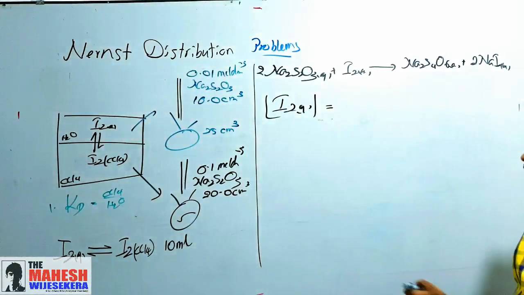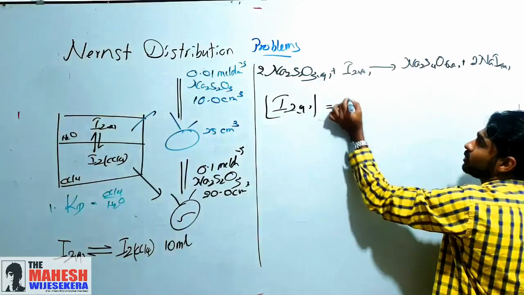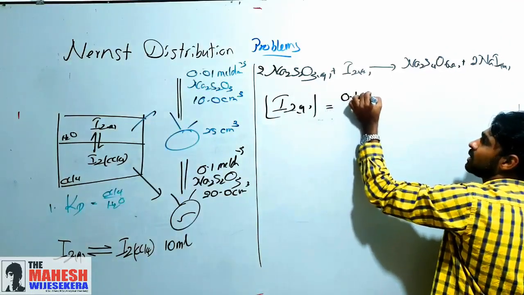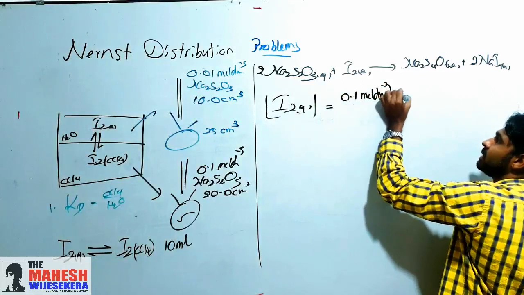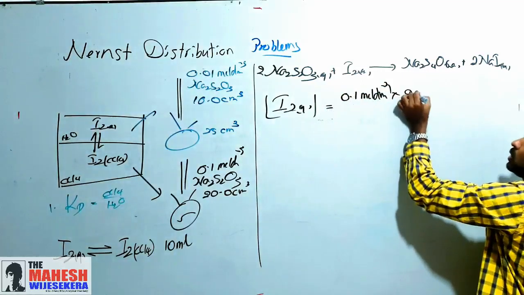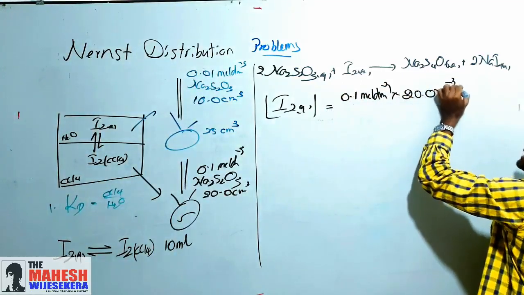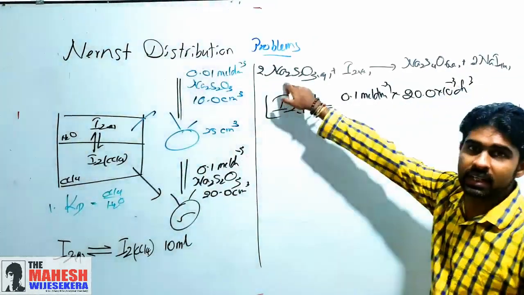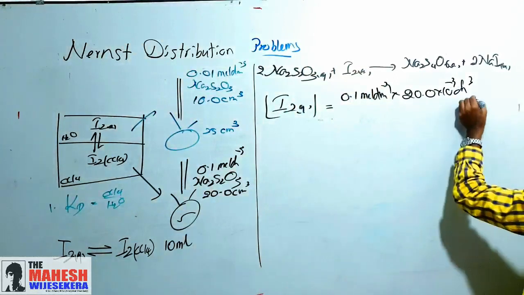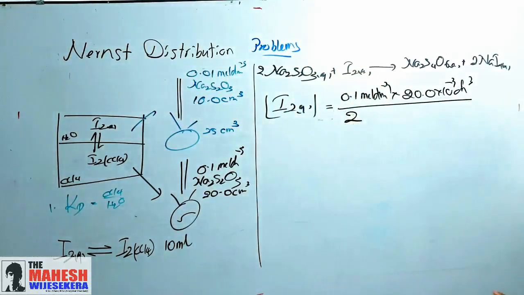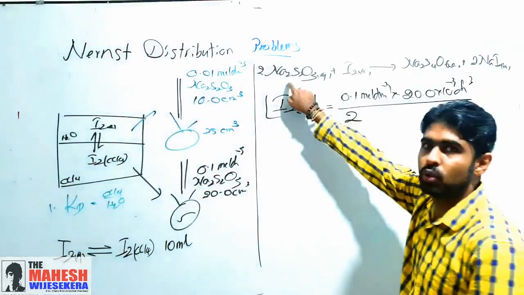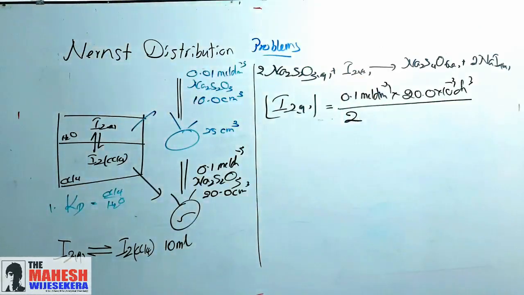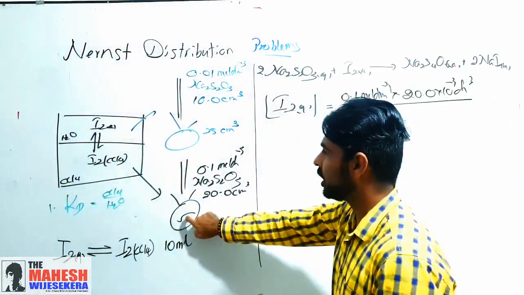Sodium thiosulfate is 0.1 moles per cubic decimeter times 20 into 10 to the power minus 3 cubic decimeters. That is the number of moles of sodium thiosulfate. Then the amount of iodine will be half of that, 2 to 1.